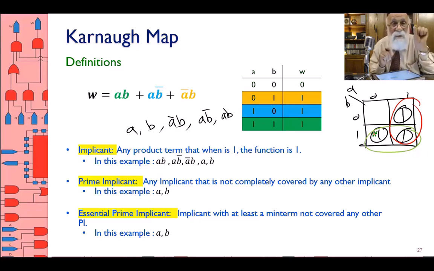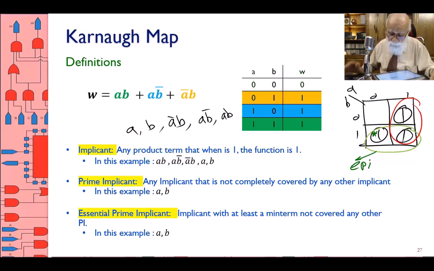No, the black one is an implicant, not a prime implicant. I'm talking about a mean term not covered by absolutely any other prime implicant. If a prime implicant has at least one of these, then that becomes an essential prime implicant. And therefore, the green is an essential prime implicant, EPI.